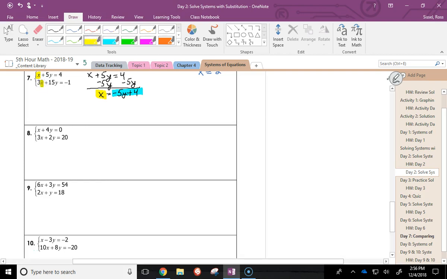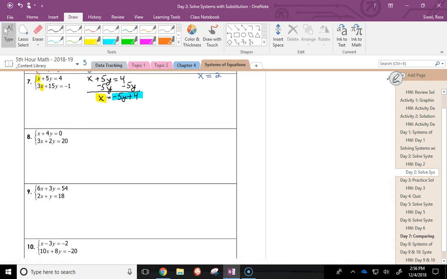Here's my x in my second problem. We will rewrite it. Let's make sure we know this goes to that problem up there. Alright, so 3 times, and I'm substituting negative 5y plus 4 in for x.